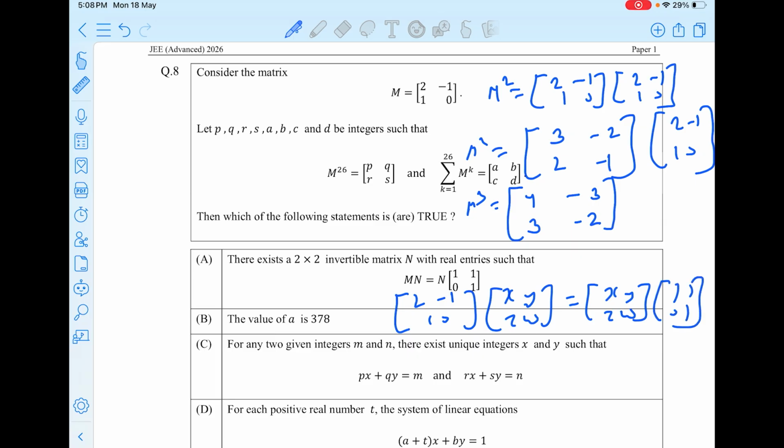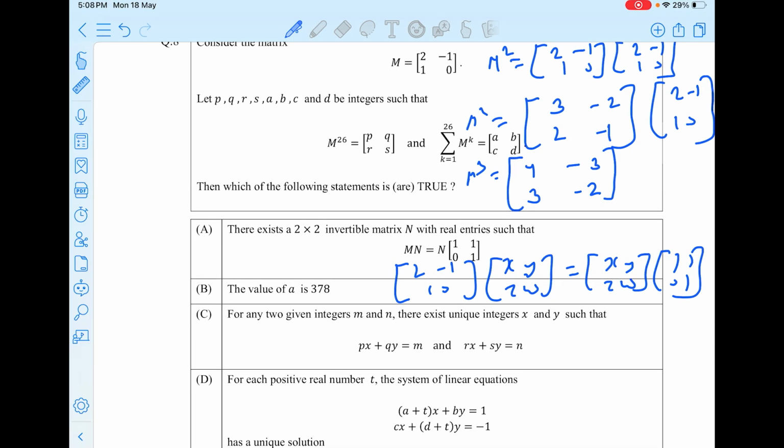Okay, now just find x y z w here. After finding the relation between x y z w, just check whether it is invertible or not.